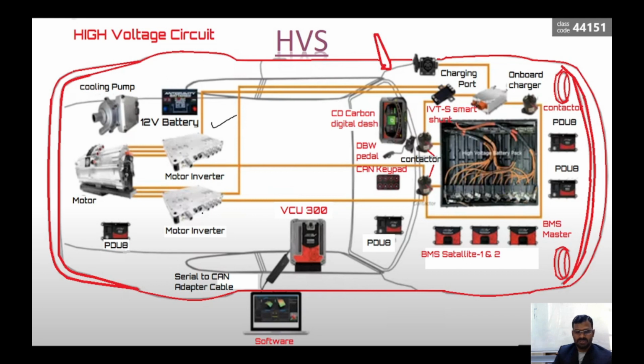If you have only one motor, then we are going to have only one inverter. The purpose of this inverter, as I told you earlier, is to convert this high voltage DC supply into variable AC supply, so that the motor can run according to the frequencies and the speed can be changed. So this is about the high voltage system.